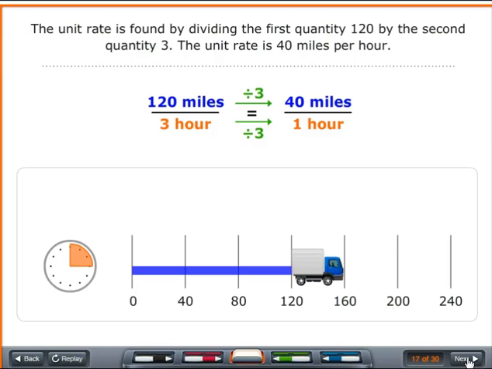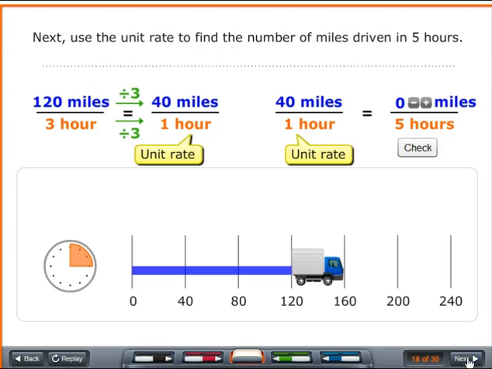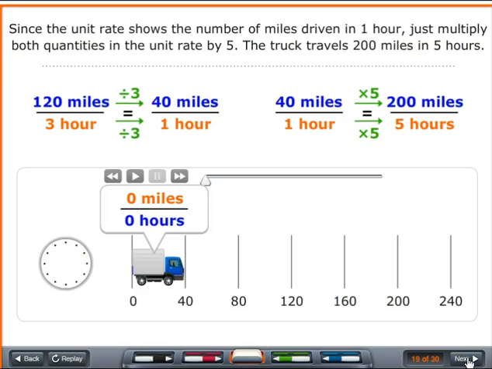The unit rate is 40 miles per hour. Next, use the unit rate to find the number of miles driven in 5 hours. Since the unit rate shows the number of miles driven in 1 hour, just multiply both quantities in the unit rate by 5. The truck can travel 200 miles in 5 hours.